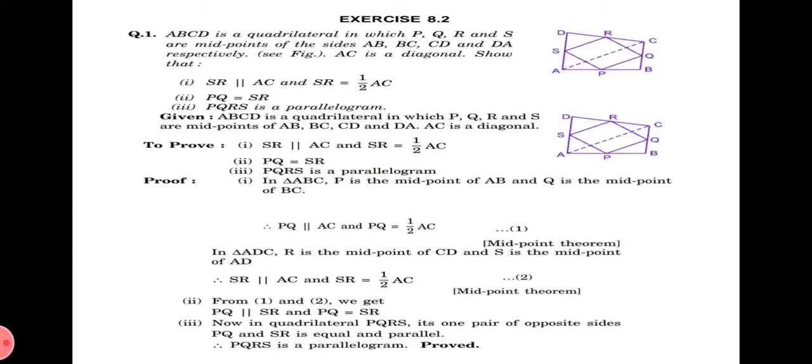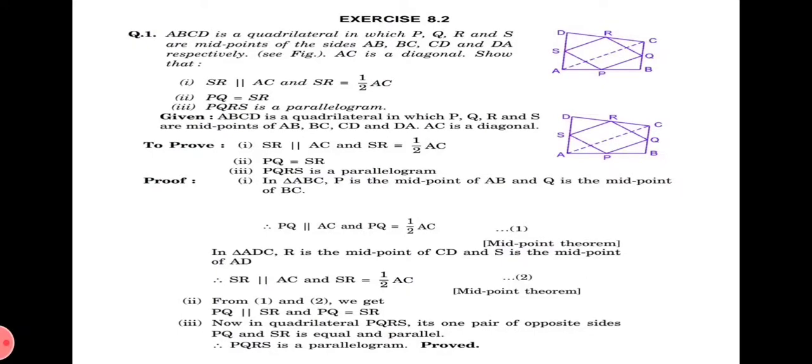Show that number 1, SR is parallel to AC and SR equals half AC. Number 2, PQ equals SR. And number 3, PQRS is a parallelogram.